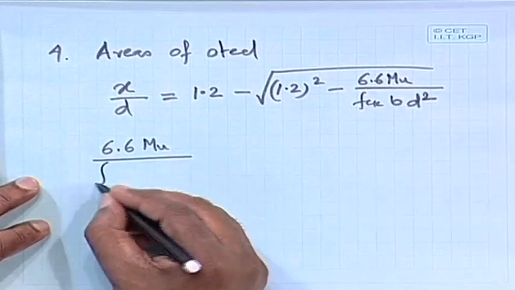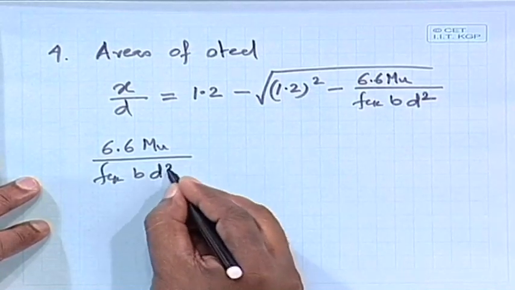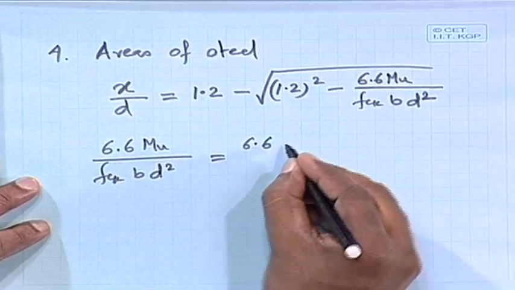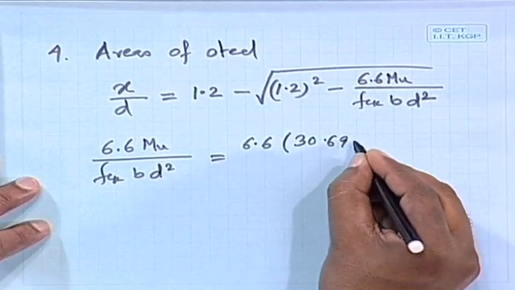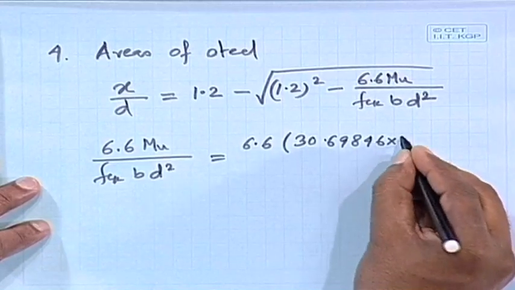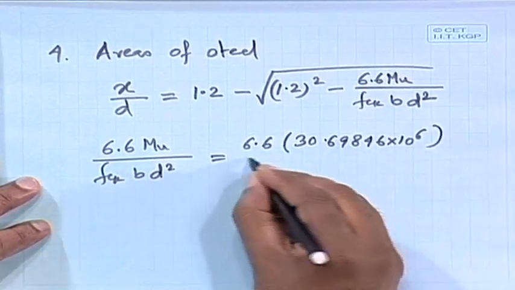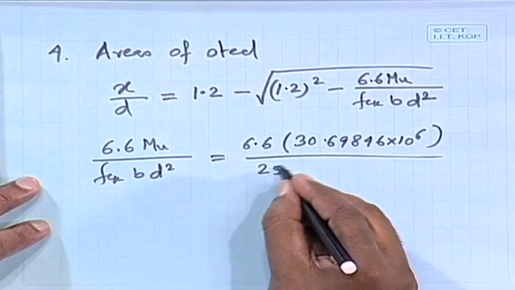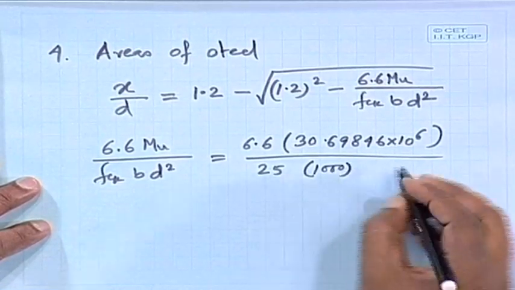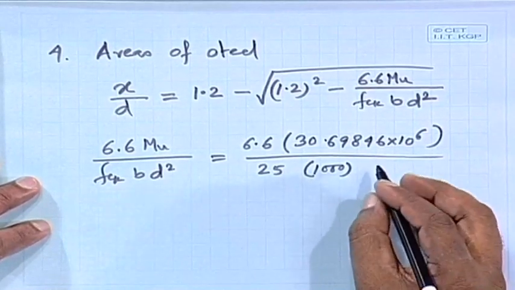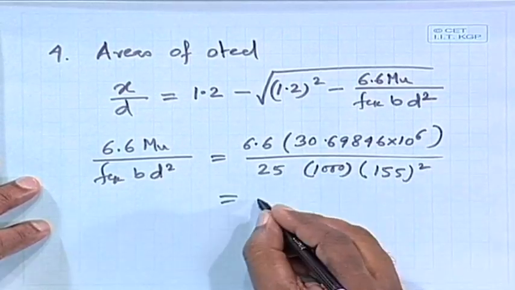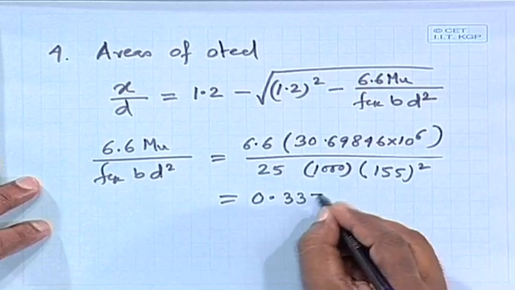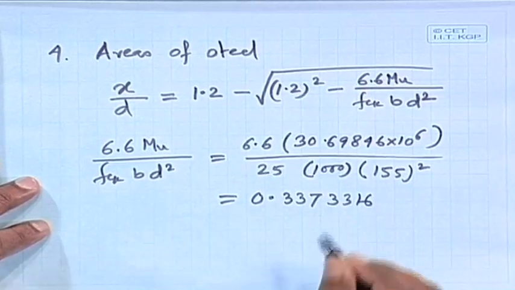6.6 Mu by fck b d square equals 6.6 multiplied by 30.69846 times 10 to the power 6 in Newton millimeter, divided by 25 times 1000, the width per meter width, times 155 whole square, which comes as 0.3373316.